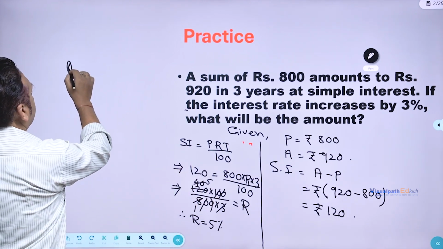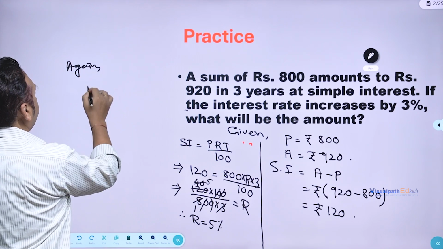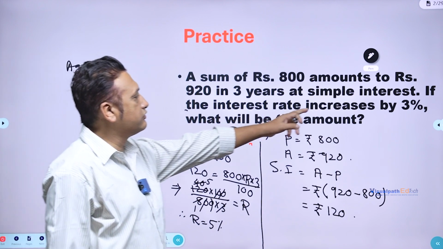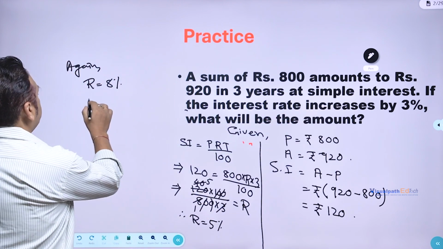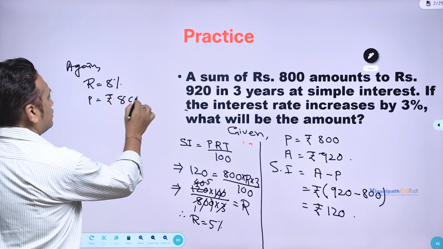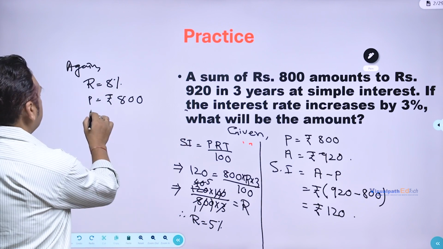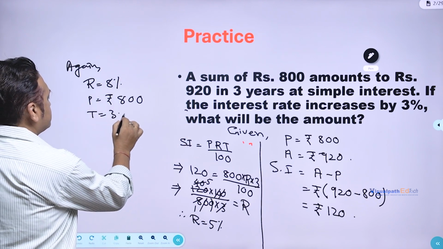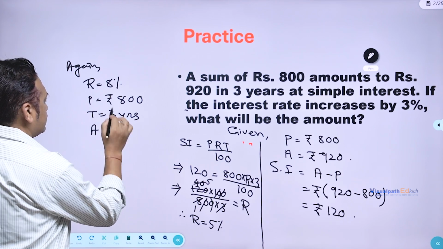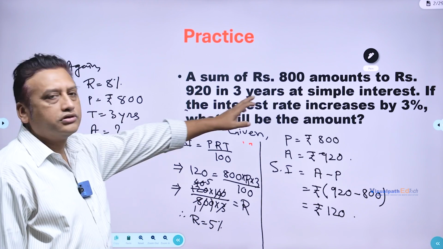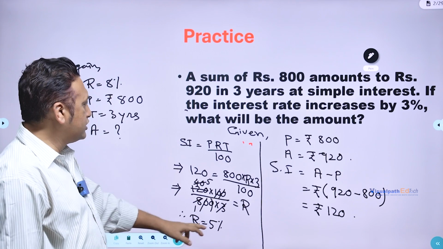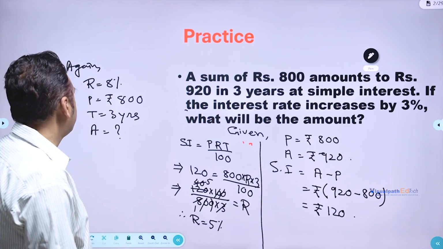So again, R is 8%, as stated in the question, and P will remain the same, which is rupees 800. T will also be the same, which is 3 years, and we are asked to find out the amount, that is question mark.